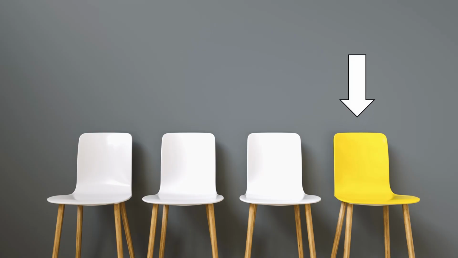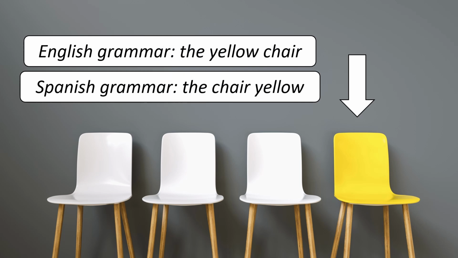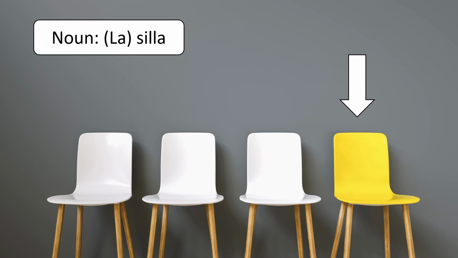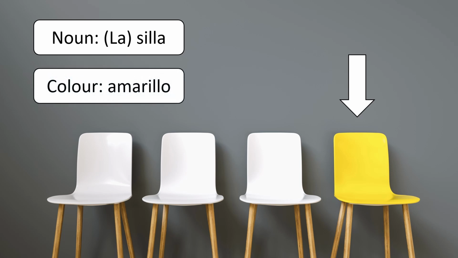So what about this chair? How do you say the yellow chair in Spanish? Again, we know that the noun and the color are switched around, turning it from the yellow chair in English to the chair yellow in Spanish. The noun is la silla, and the color is amarillo.